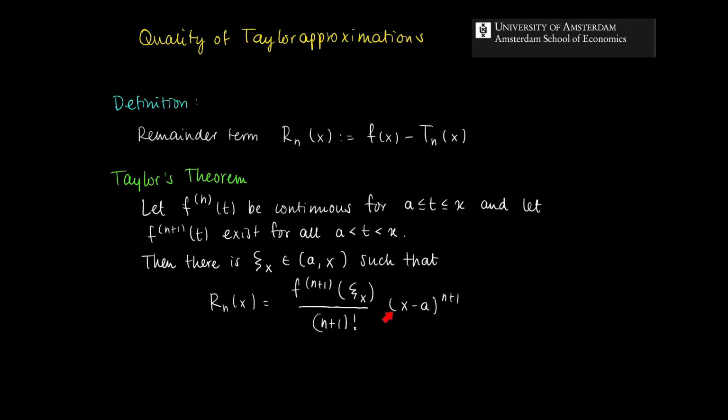And the closer we get, and the higher the n, well, this n factorial, so if we have a modest behavior of the (n+1)th derivative, then the (n+1) factorial will have some impact. So the higher the n, the better the Taylor approximation ultimately will get. So this is the first introduction of Taylor's theorem. Now we'll discuss some examples of Taylor's theorem.